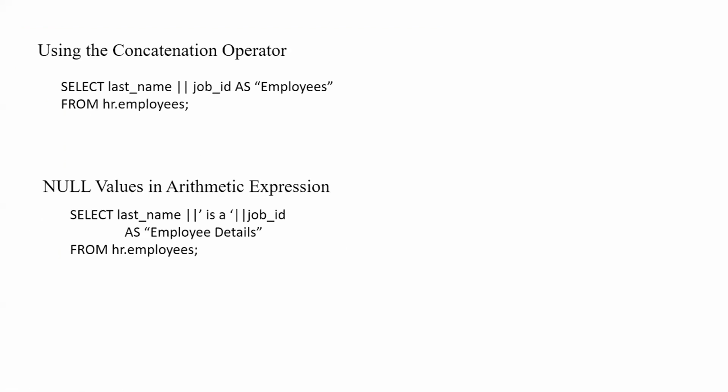Now let's see how concatenation is used and how nulls are used. Okay, so last name and job ID, we concatenate and we get the employees table.